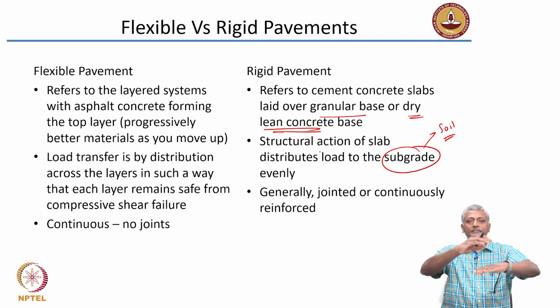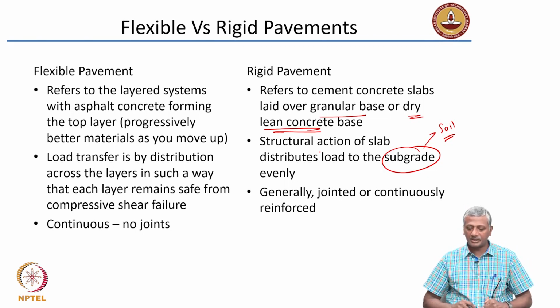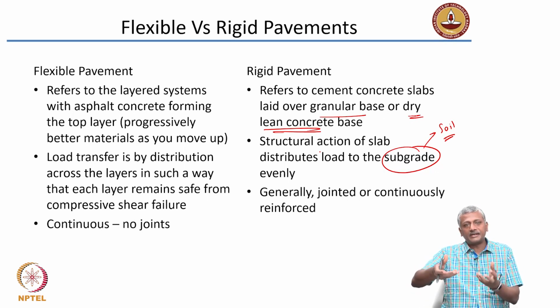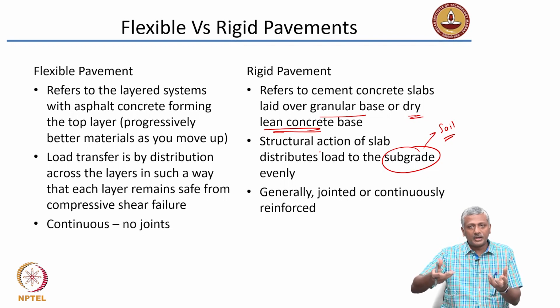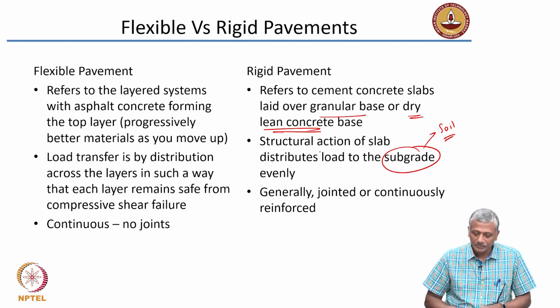Anything above grade is called above grade, anything below grade is called subgrade, okay, subgrade. So, soil is basically the subgrade material, okay. So, the slab itself has a structural action, it basically bends and takes the compression and tension and so on and transfers this load evenly to the subgrade.